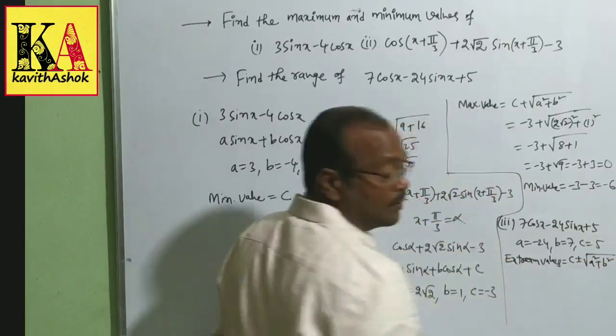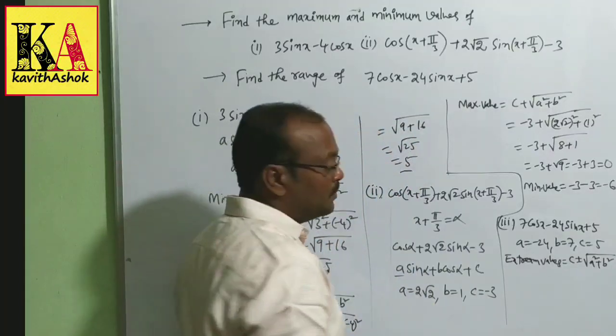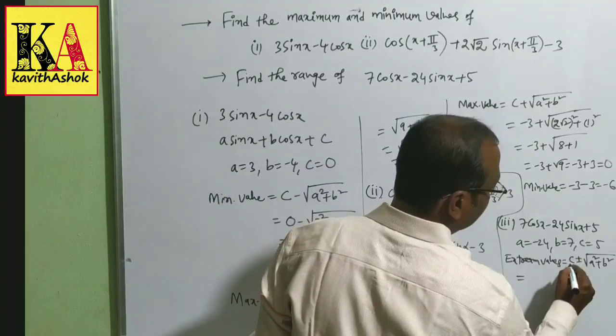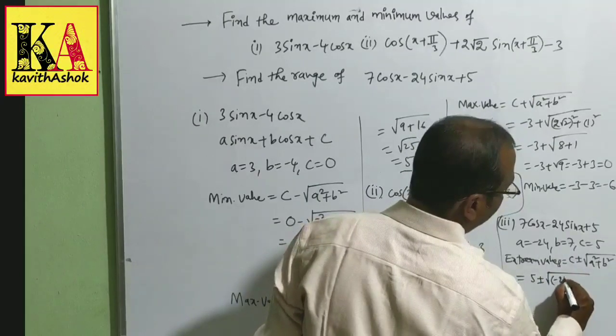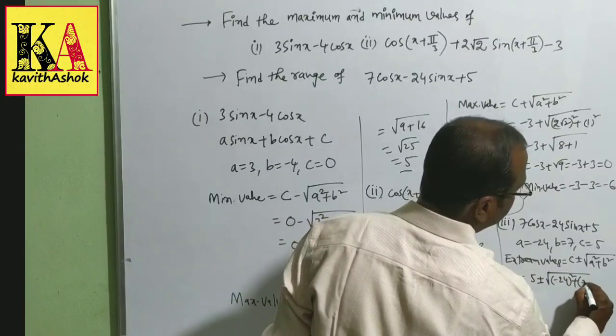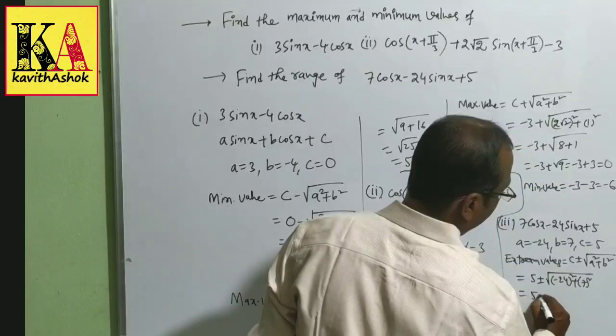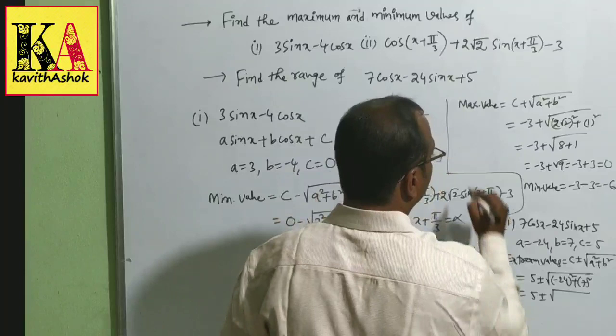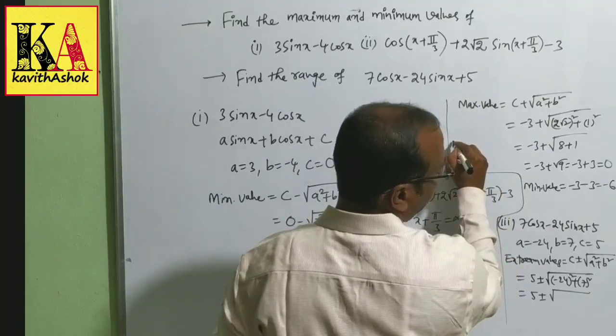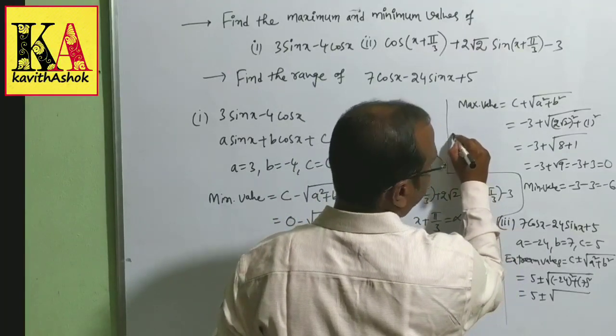Plus is the maximum value, minus is the minimum value. So this is equal to c is 5, plus or minus under root of a square plus b square. 5 plus or minus under root of 24 square. 25 square is 625. 24 square is 576.